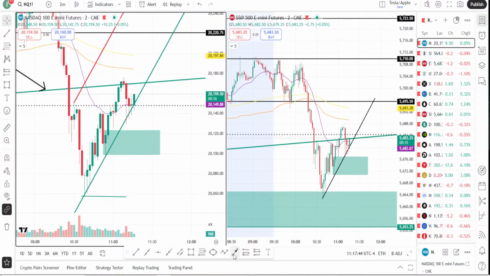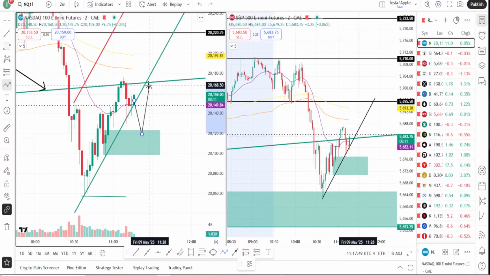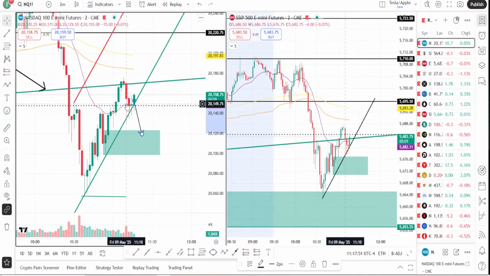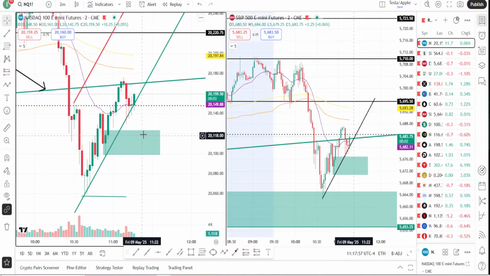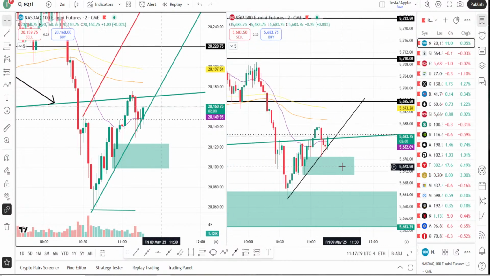Kind of wanted to see sellers bring price into this demand zone and then start to see strong buyers, because what this could be is a trap. So I would have preferred to see the move down here, kind of like the ES did.